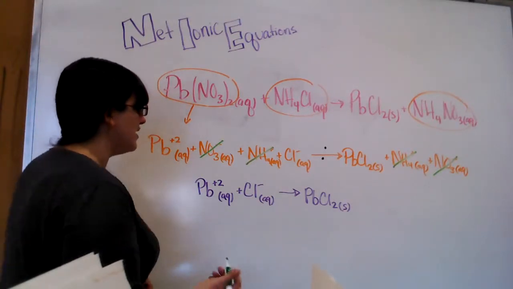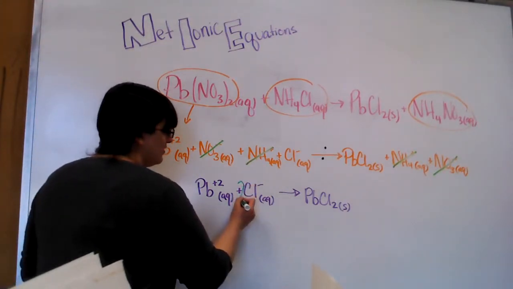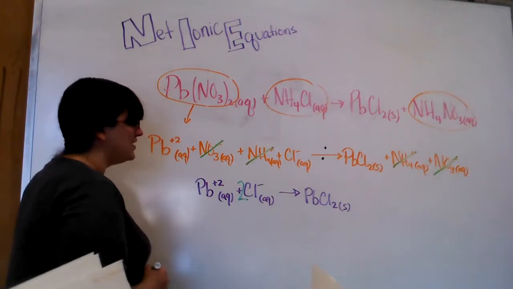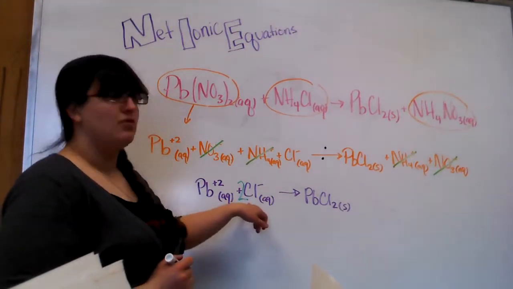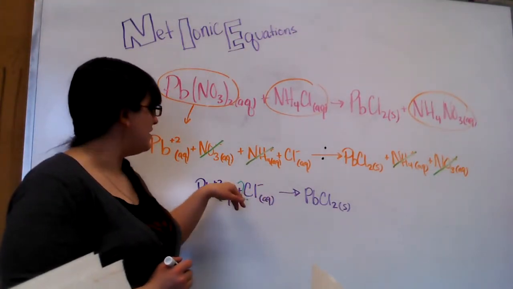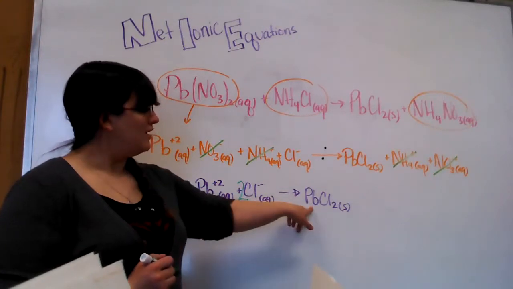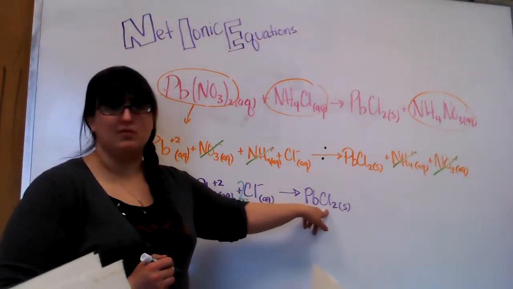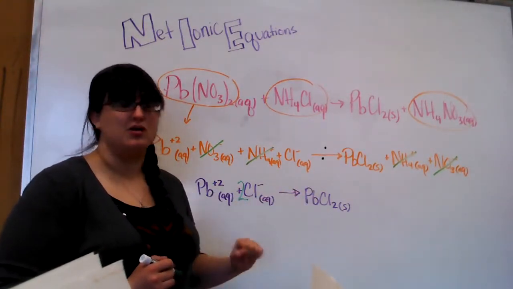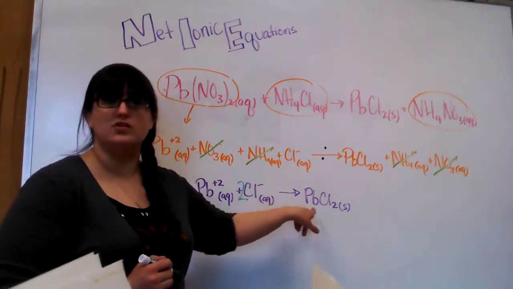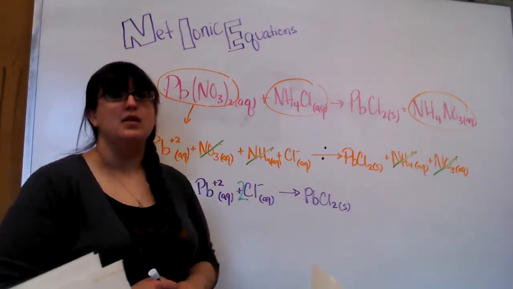So we have to correct that. Easiest way to do that? Put a 2 in front of our Cl. So now we have 2 chlorines, which means 2 minus 1s. That balances out our plus 2. And then we have PbCl2 over here with an overall 0 charge. You have 2 chlorines, you have 2 chlorines, you have 1 lead, you have 1 lead.